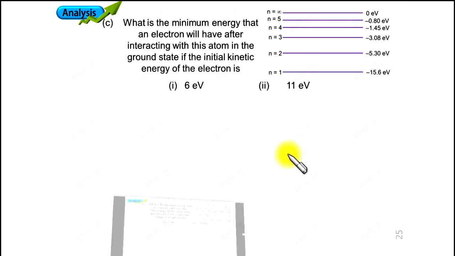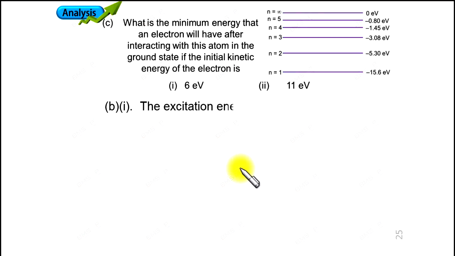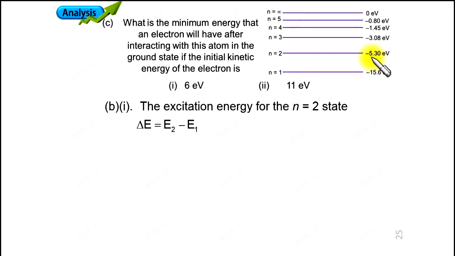That means, first of all, let us calculate the excitation energy for the n equal to 2 state. That will be delta E equal to E2 minus E1, and E2 equal to minus 5.3 electron volt and E1 equal to minus 15.6 electron volt.